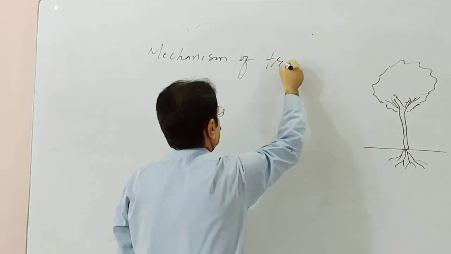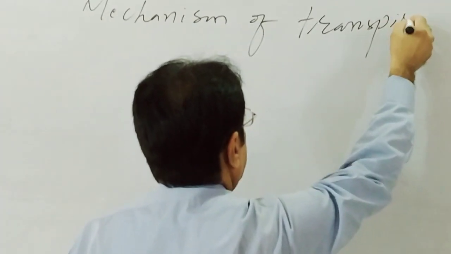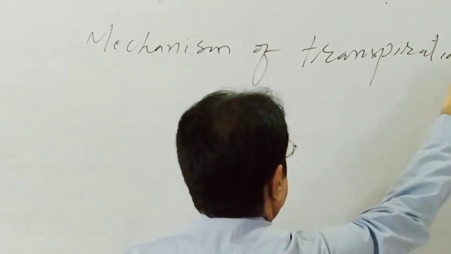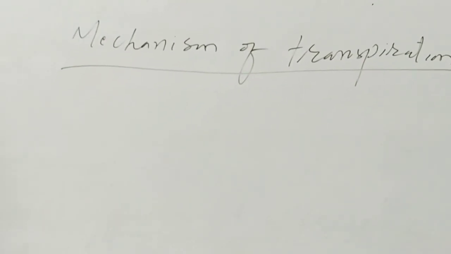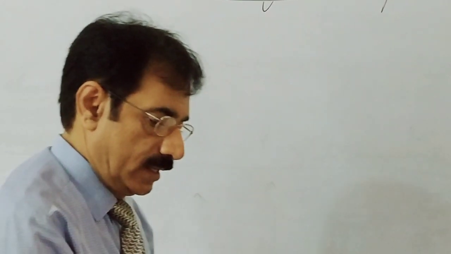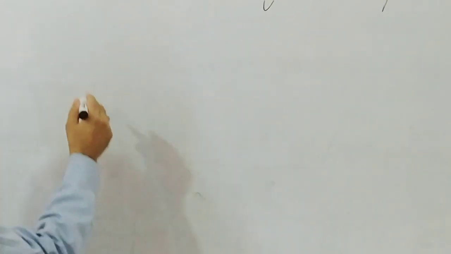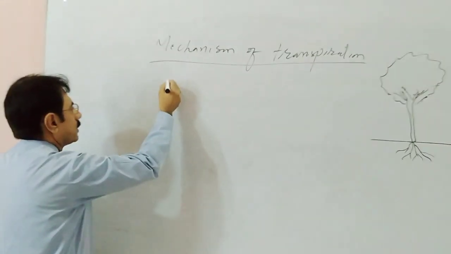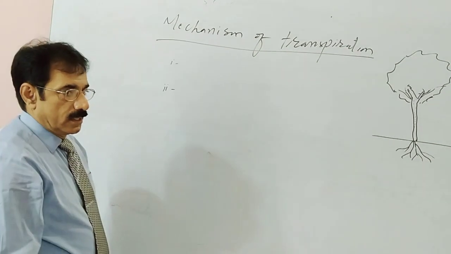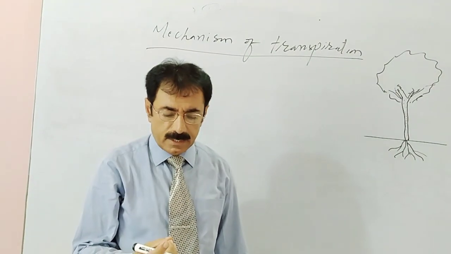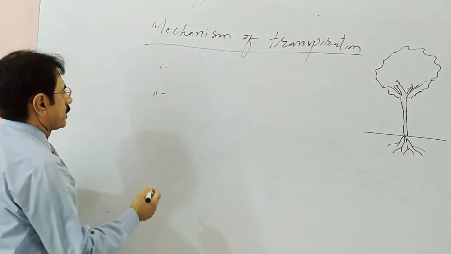The mechanism, that means how the process of transpiration occurs. Dear students, the transpiration involves two processes. The process of transpiration is completed involving two processes.